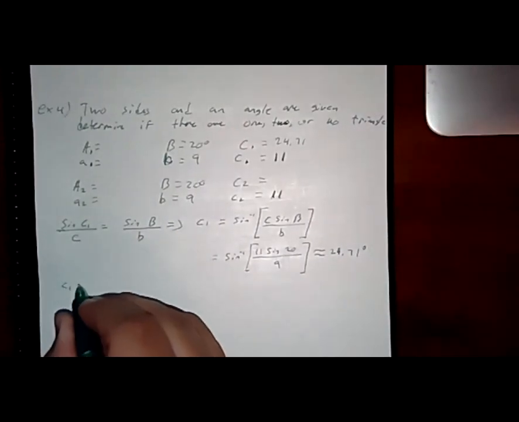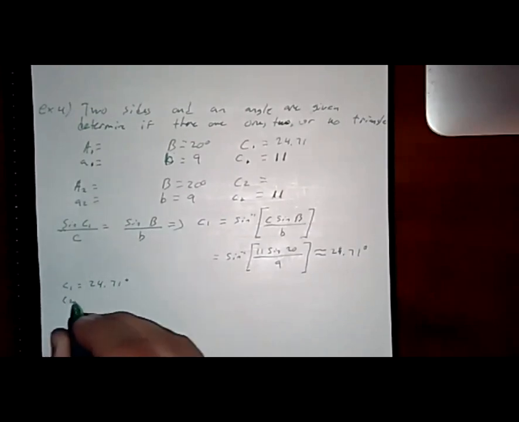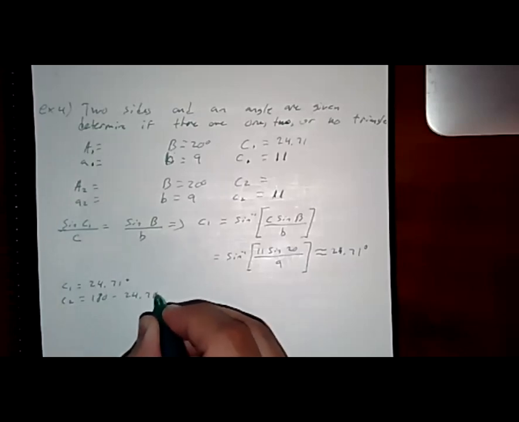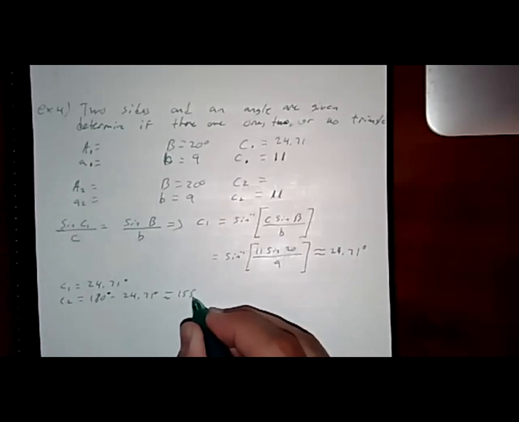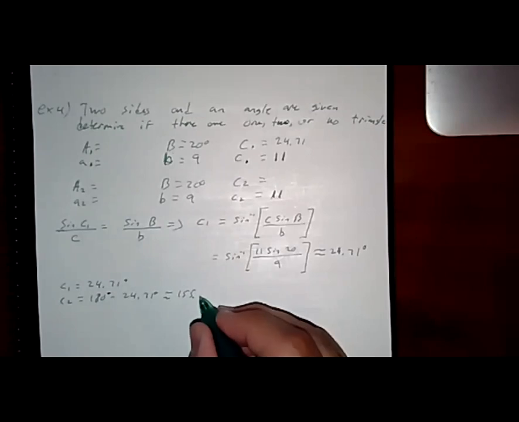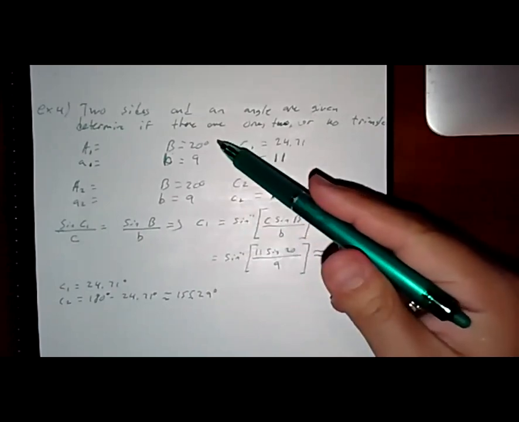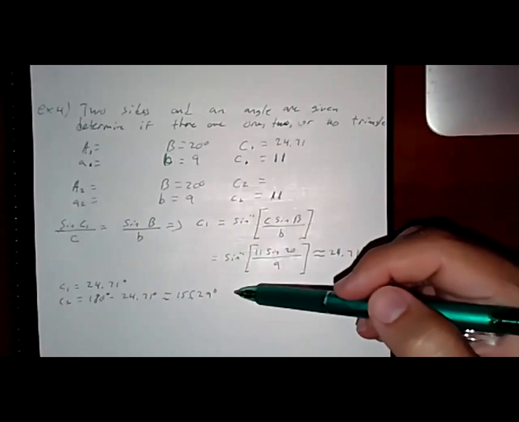Now, if C1 is equal to 24.71, then C2 would be 180 minus 24.71, which is approximately 155.29. This is where we check, right? 155 plus B, 20 degrees, is still less than 180. So we do have 2 triangles.